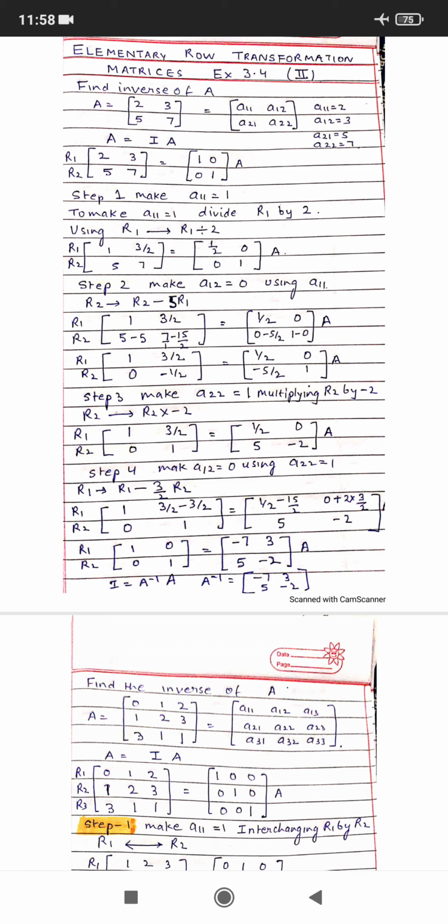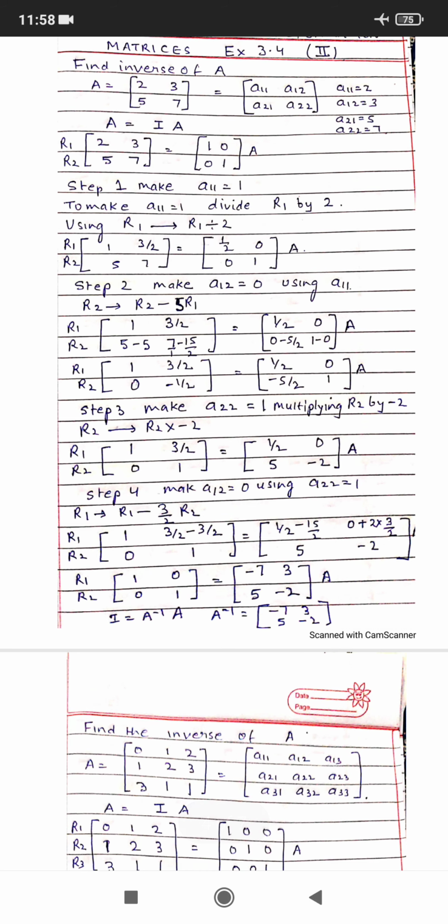To make A11 equal to 1, we divide the first row R1 by 2. We get R1 is 1, 3 by 2, equal to half, 0, and R2 remains 5, 7 equal to 0, 1 A. So you can see A11 has become 1.